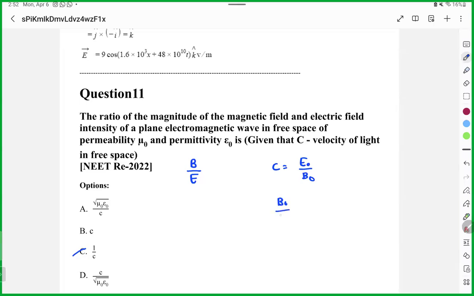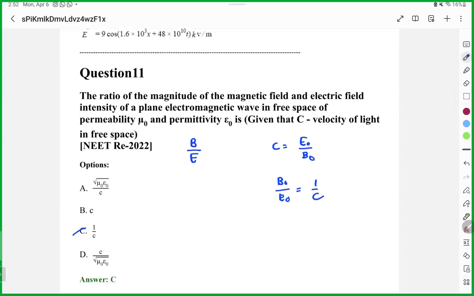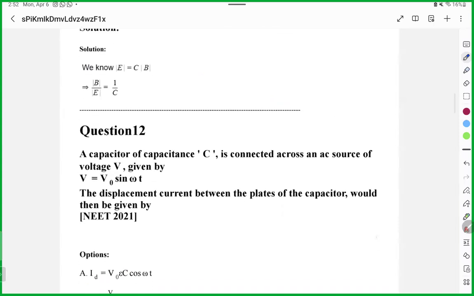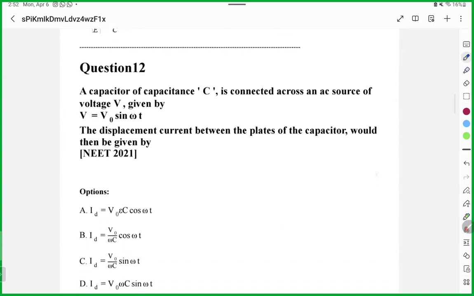B naught by E naught, 1 by C. Any doubt? No, sir. Then solve this question. Jordan.